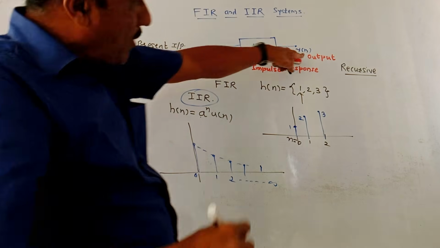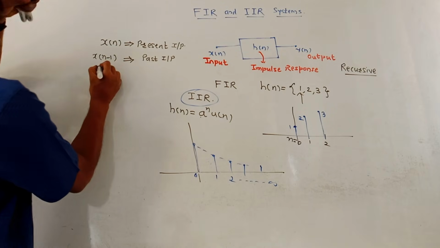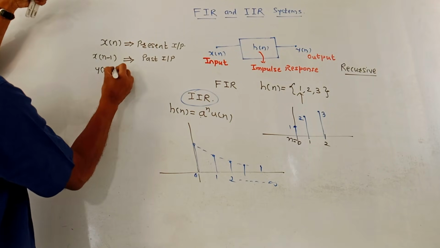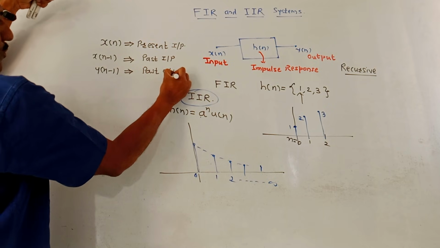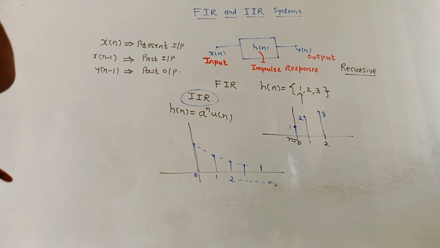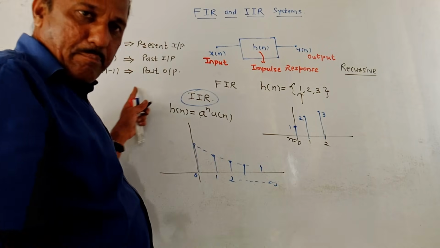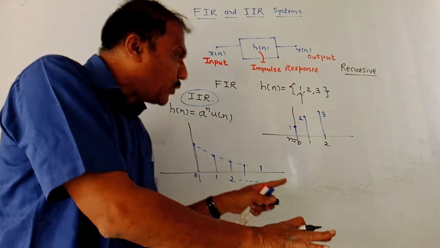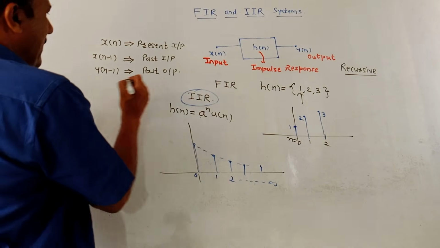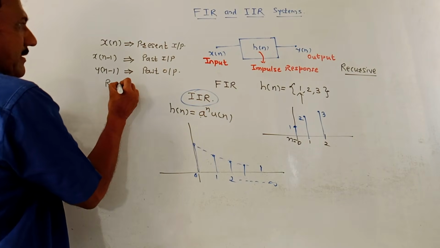Now we know that Y of n represents output. So if I write Y of n minus 1 or Y of n minus 2, it represents past output. So if the system contains present and past inputs as well as past outputs, then it is called a recursive system.